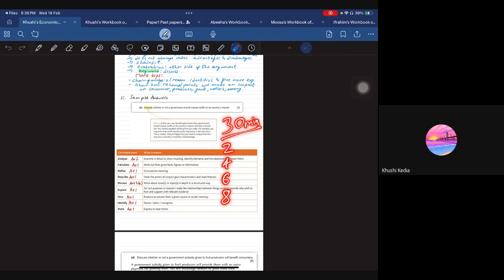What I generally believe is that if you spend about, let's say, 12 to 15 minutes on the 8 marker, then for the 6 mark question, I guess even 8 minutes will be more than enough.